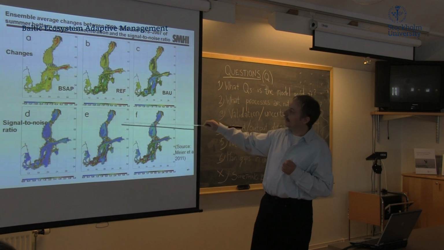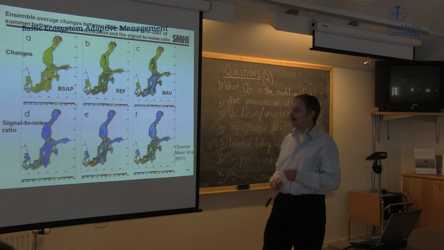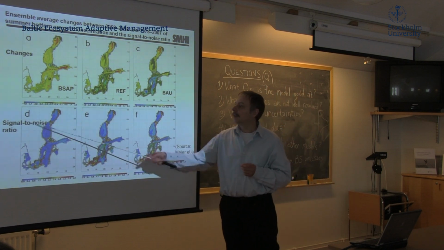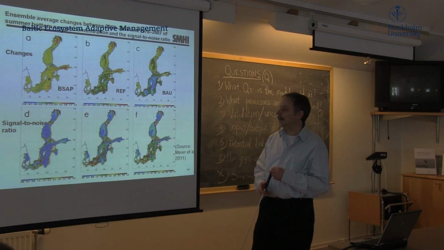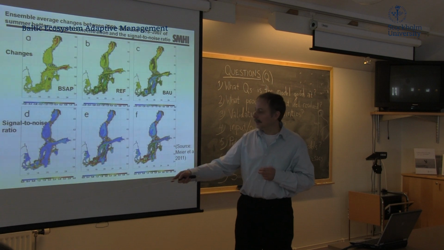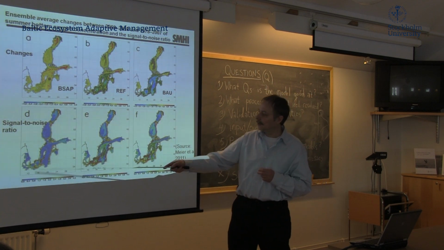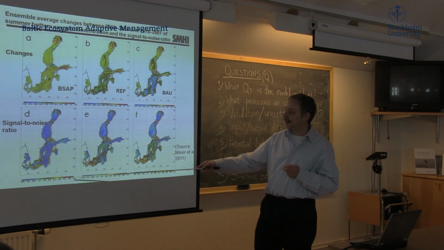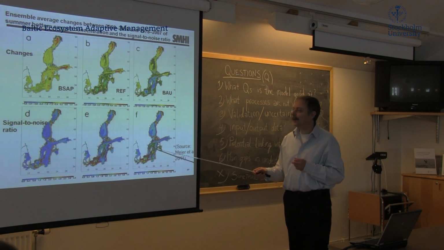And this lower figure shows, again, the uncertainty. It's the signal to noise ratio, so the change divided by the standard deviation. If the signal is larger than 1, so if it is getting greenish, then you can rely on that.